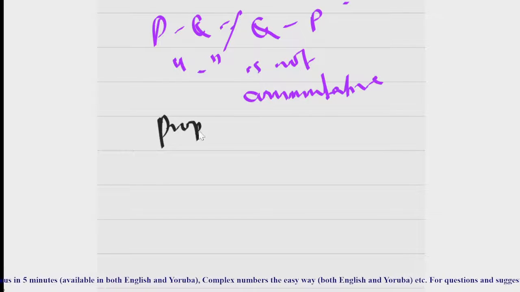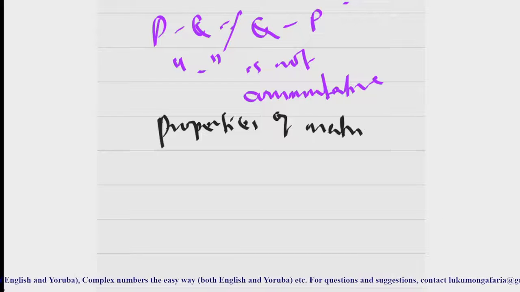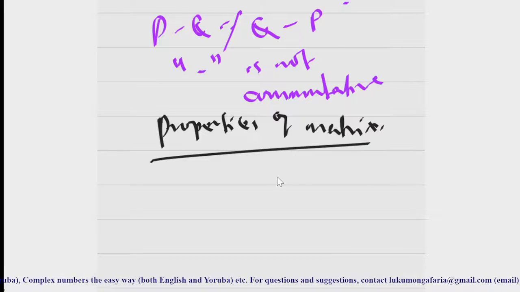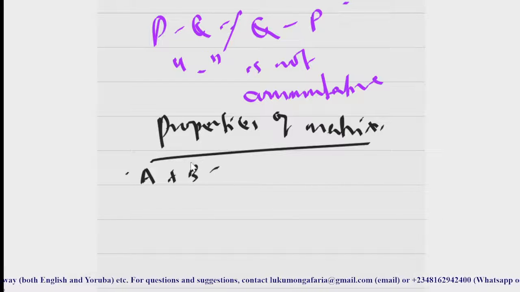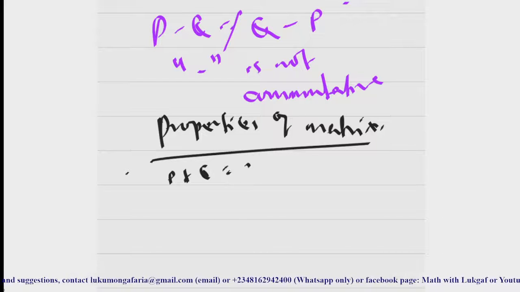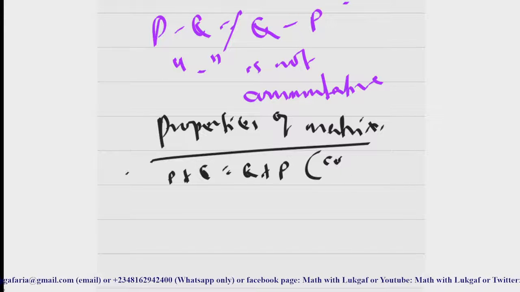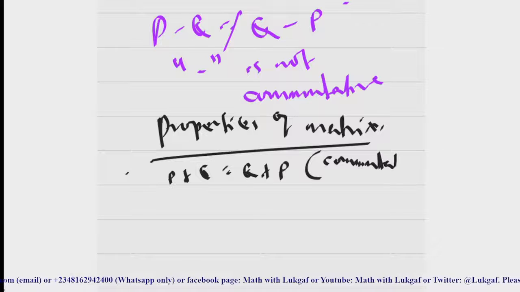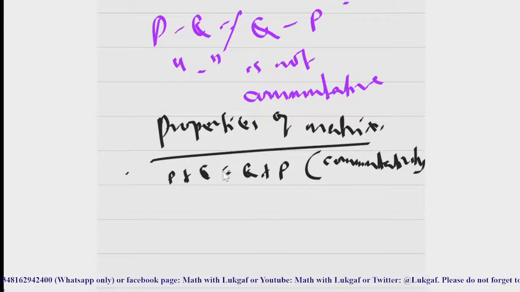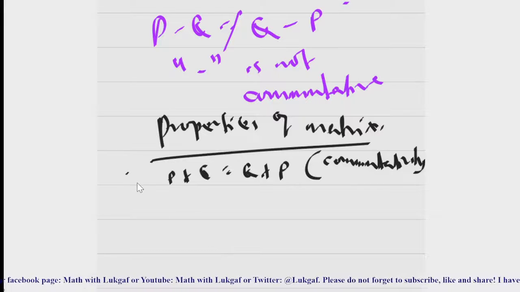So let me just write it before I end this video. Properties of matrices. One of the properties you can know, like I've said, is A plus B is equal to, well, let me just use P and Q since I used P and Q in the example. P plus Q is the same thing as Q plus P. That is the commutativity property.